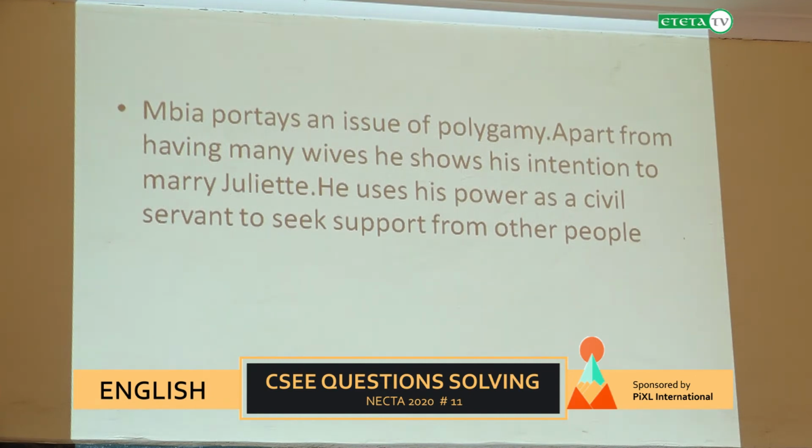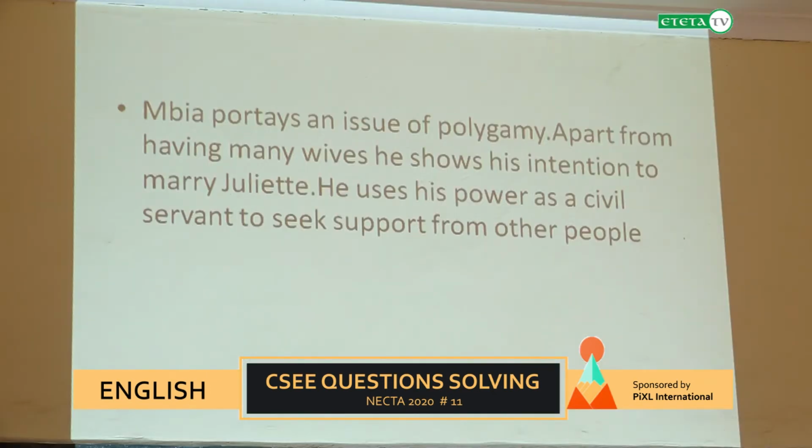Mia portrays an issue of polygamy. There is polygamy in this society. The man portrays an issue of polygamy. Apart from having many wives, when you read the book, you get a story that Mia has maybe more than 18 wives. But the man shows the intention of marrying Vicky.